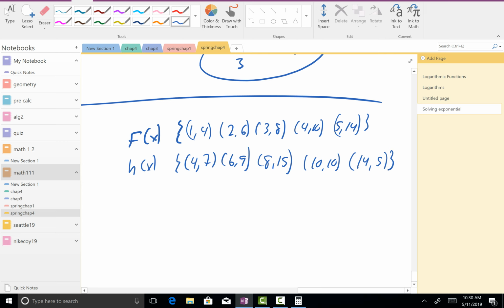The question was to find h of f of x. Some of you might remember this one here.